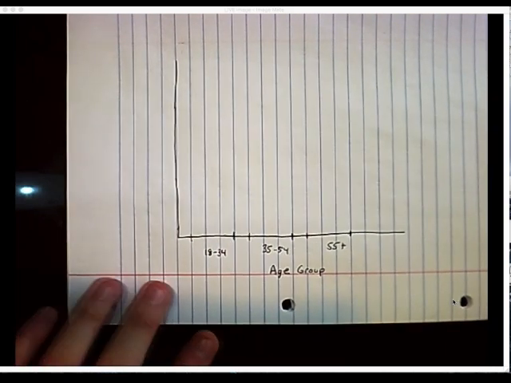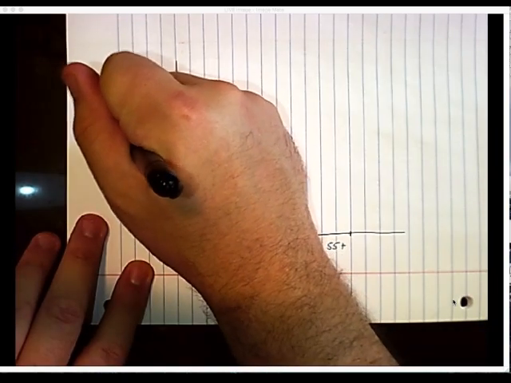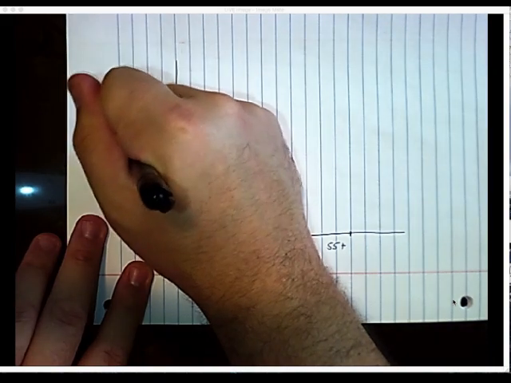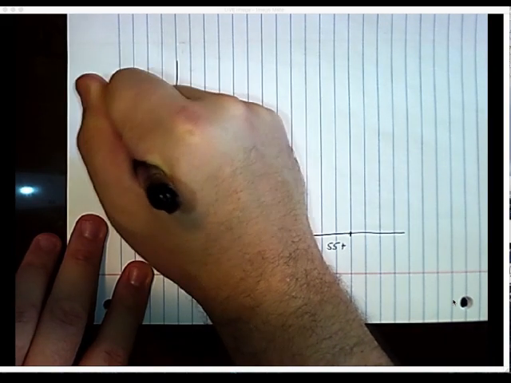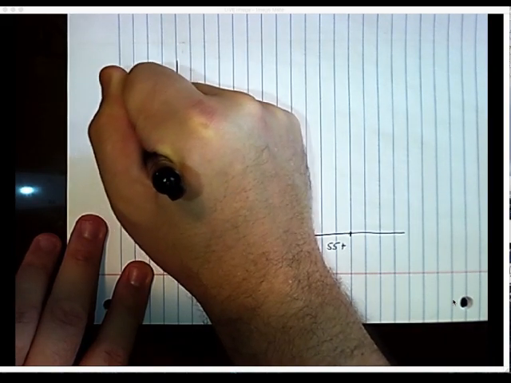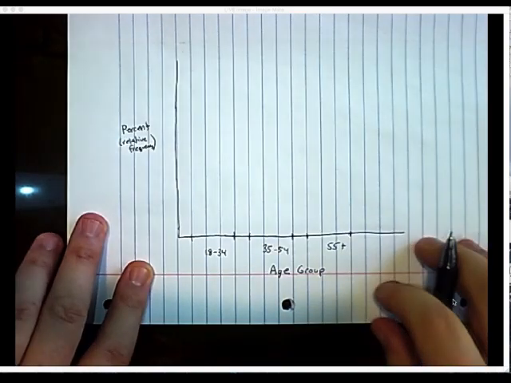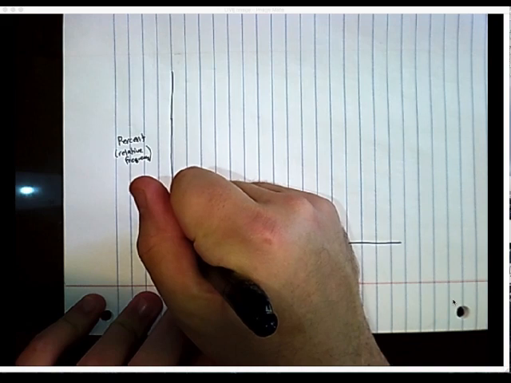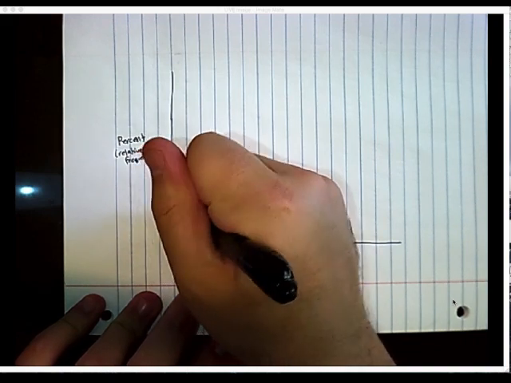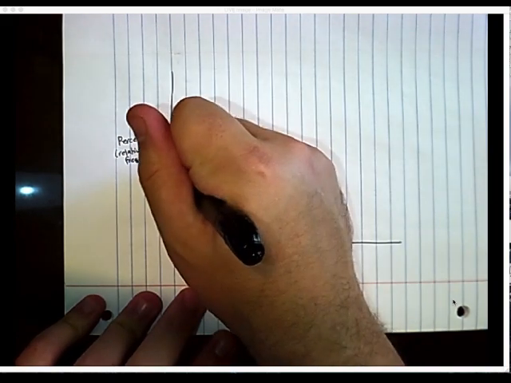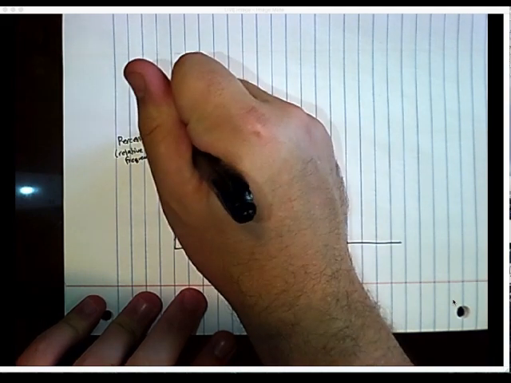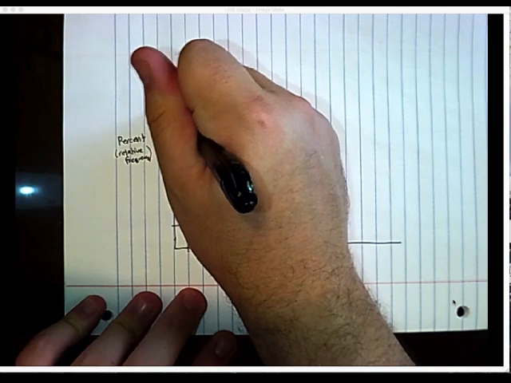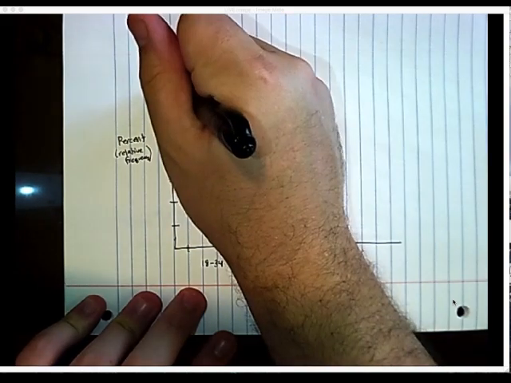And over here on this axis, we're going to call this percent again, or we can call it relative frequency. 10, 20, 30, 40, 50, 60, 70, 80.